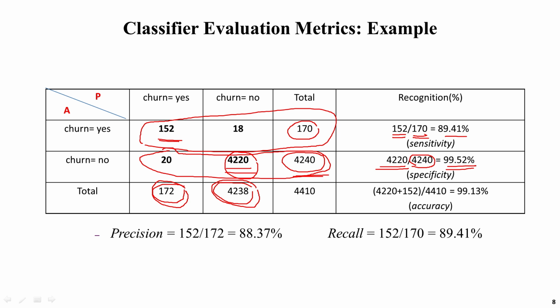Also, we can compute the accuracy, which is the number of true positives and true negatives divided by the total number of instances. Also, we can compute the precision and recall, which are roughly 88% and 89%.